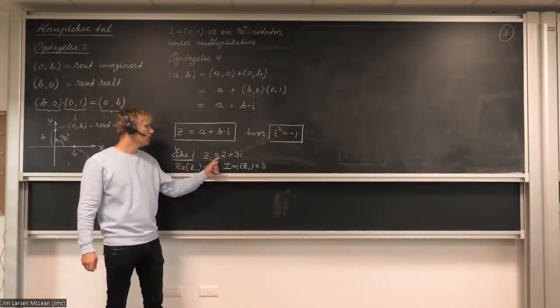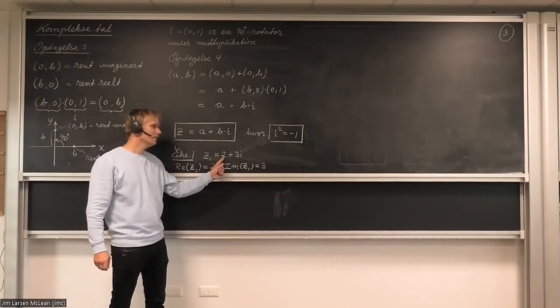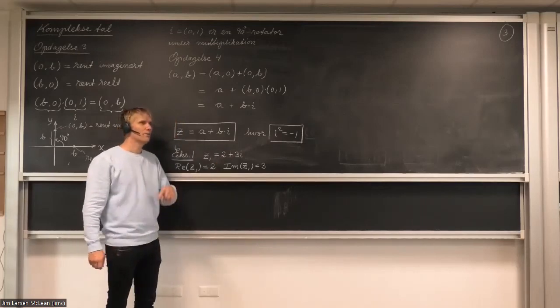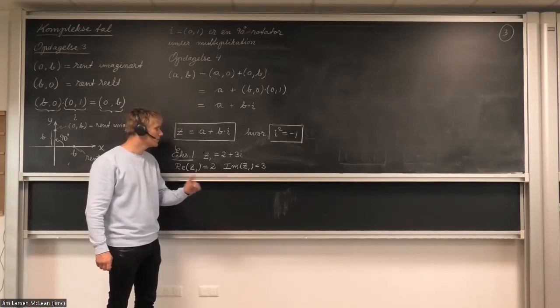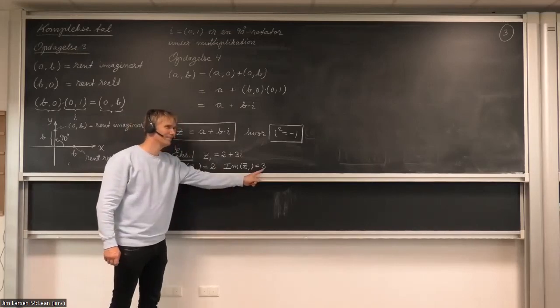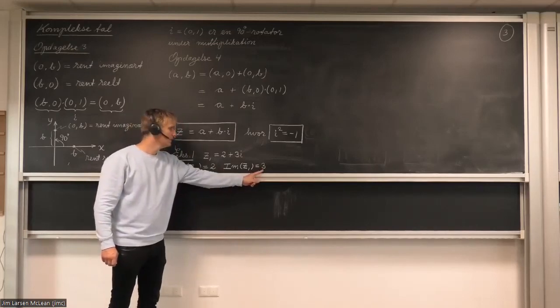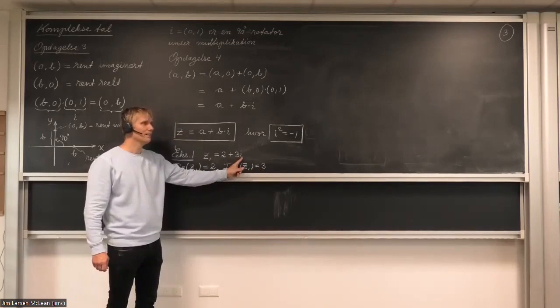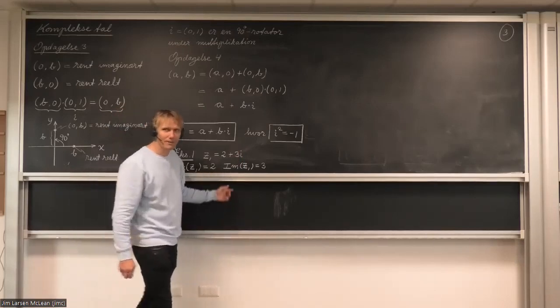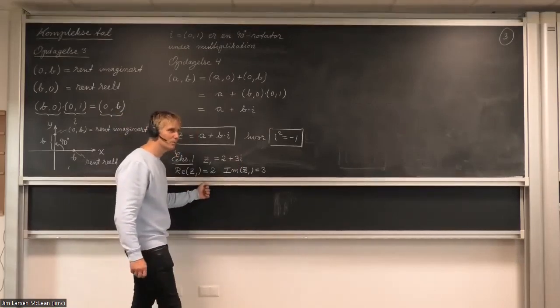I say if they go to the oral exam and say, here's a complex number called 2 plus 3i, what is the real part? 2, says Christian. Then I ask, what is the imaginary part? And then Christian might say 3i. That's incorrect. In the imaginary part, it's only 3. You can just forget about the i. It's the i that indicates it's in the imaginary part, but it's only the number that's called the imaginary part. Just a little warning, so you don't answer that question wrong.